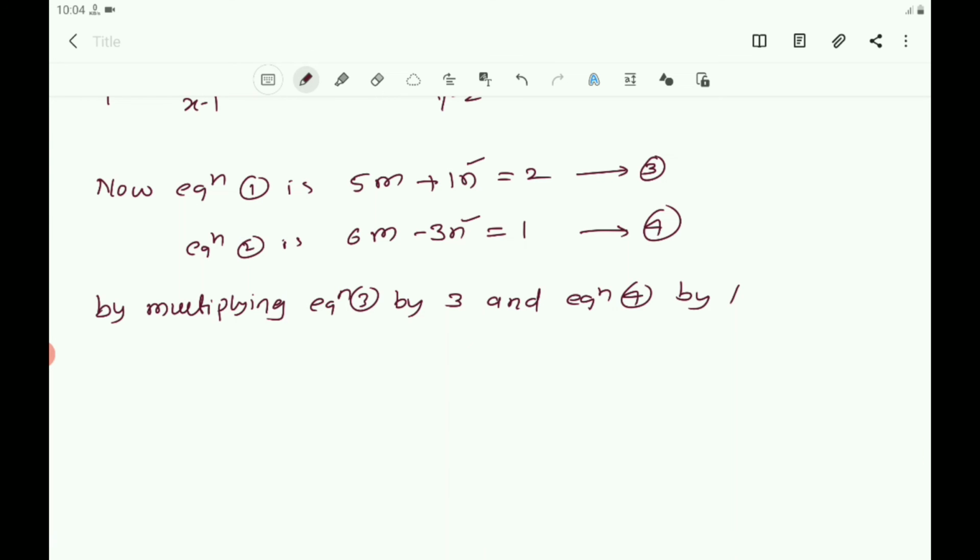So you multiply the third equation by 3, that is 3 into 5m plus 1n is equal to 3 into 2.